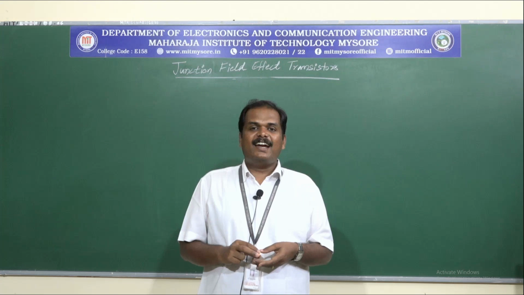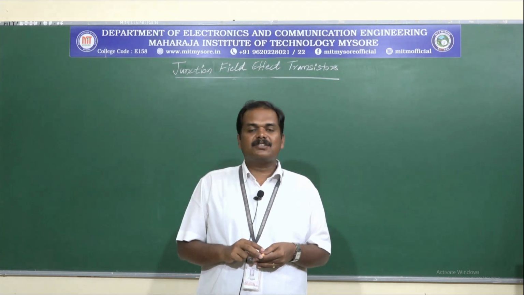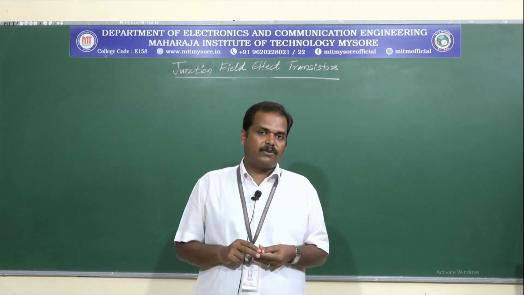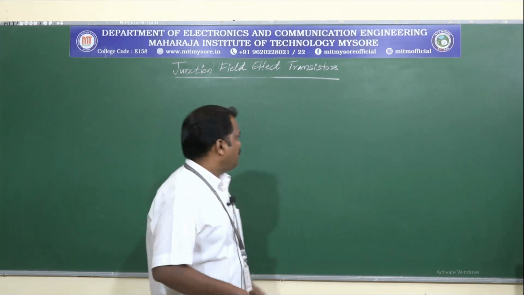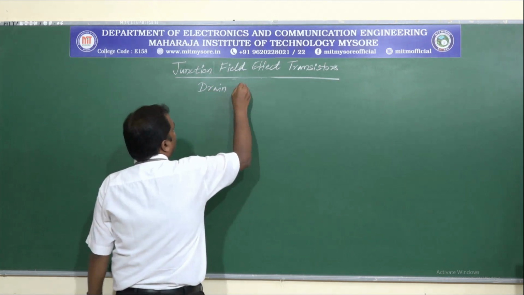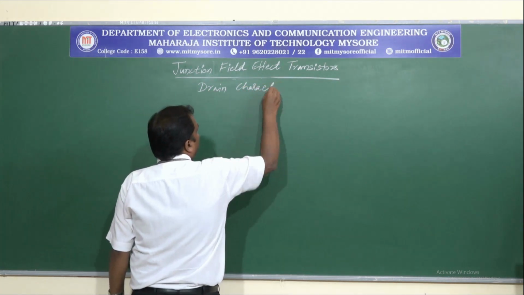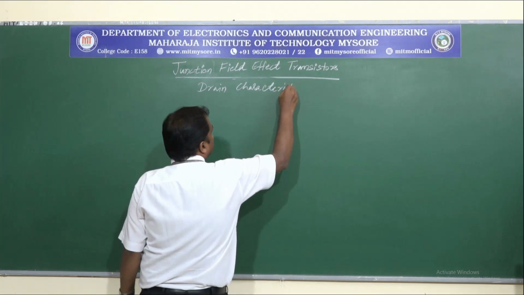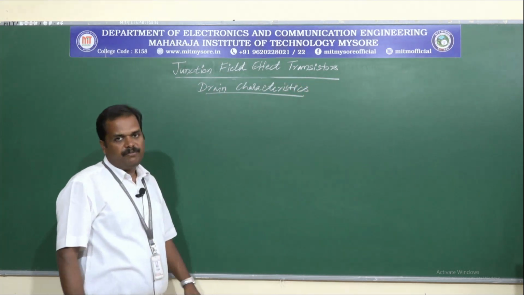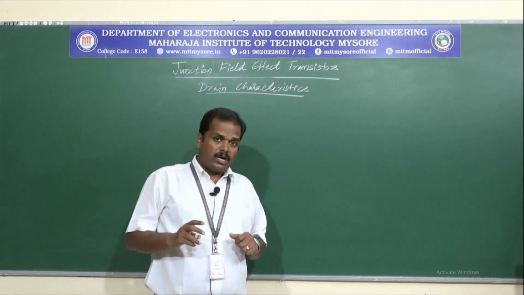Now let us understand the drain characteristics of JFET, and we'll consider n-channel JFET for the discussion. So let us get into this. We'll understand the drain characteristics of n-channel JFET. Now we'll consider two conditions.